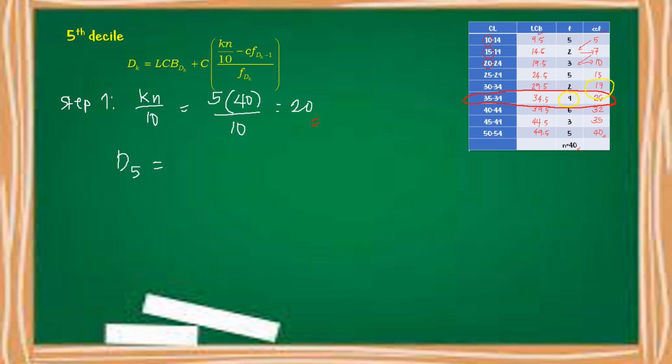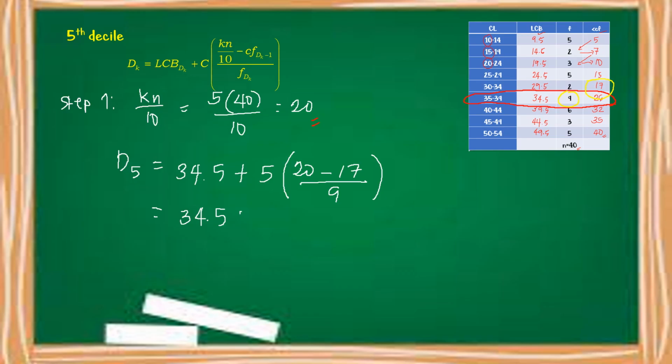Then let's go back to the formula. The lower class boundary is 34.5 plus the interval 5 times kn divided by 10, which is 20, minus the previous less than cumulative frequency, which is 17, all over the frequency, which is 9.